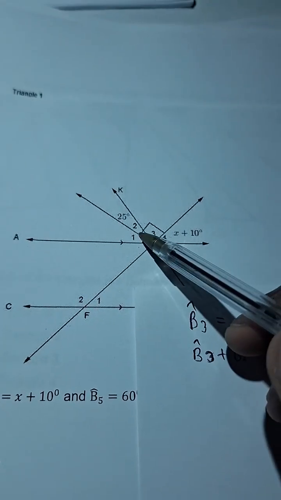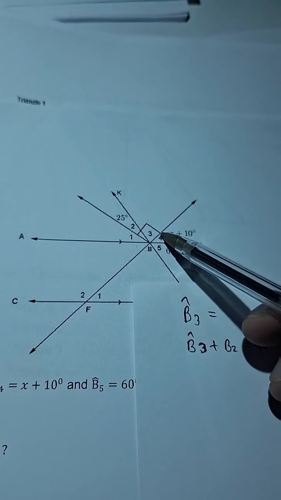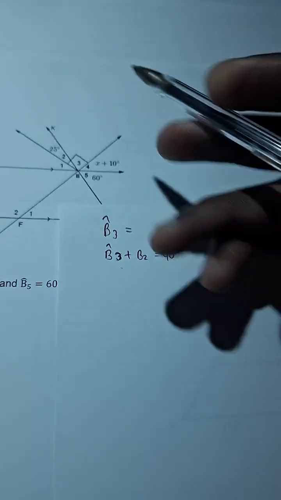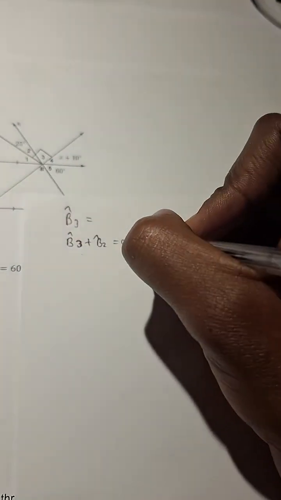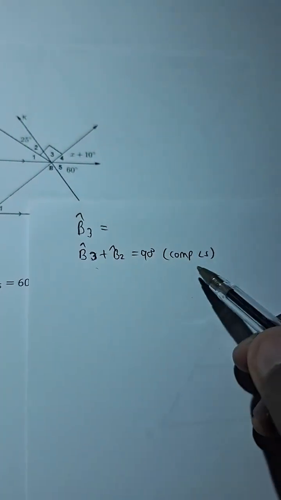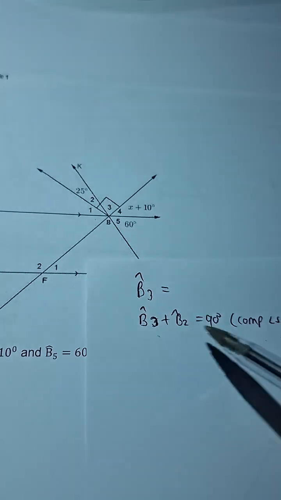See this? B2 and B3. This box is covering from here all the way to there. So angle B2 plus angle B3 is 90 degrees. What's the reason? Complementary angles.